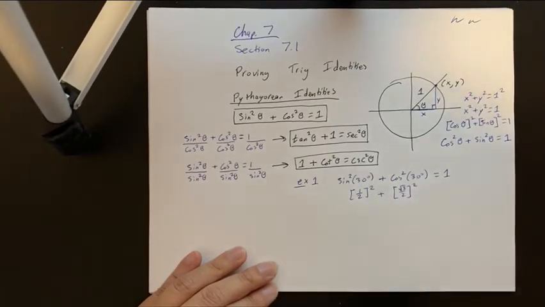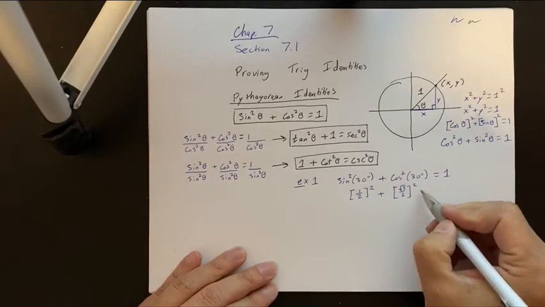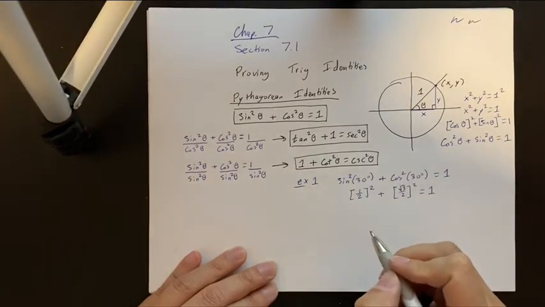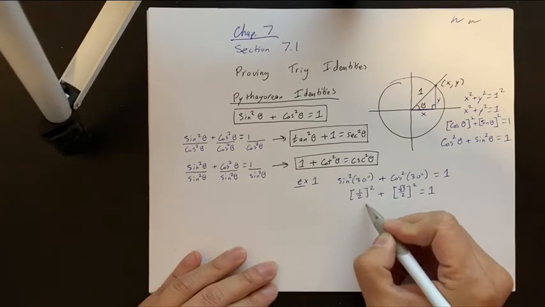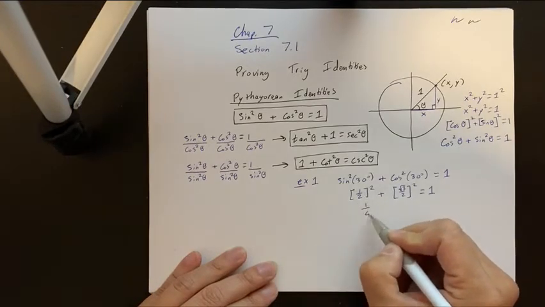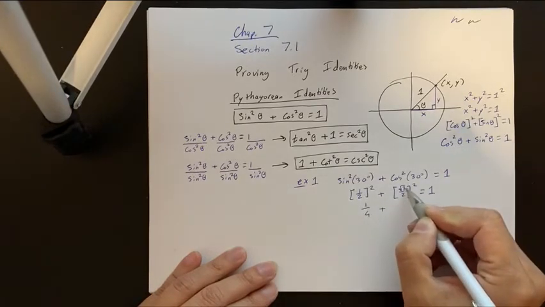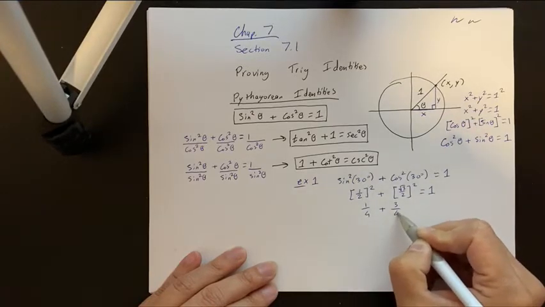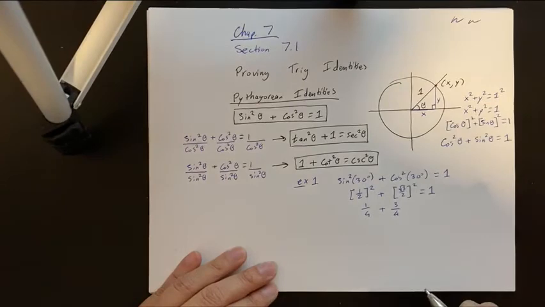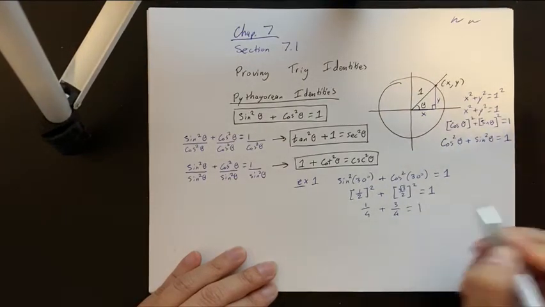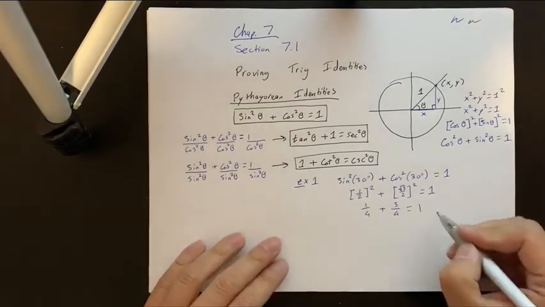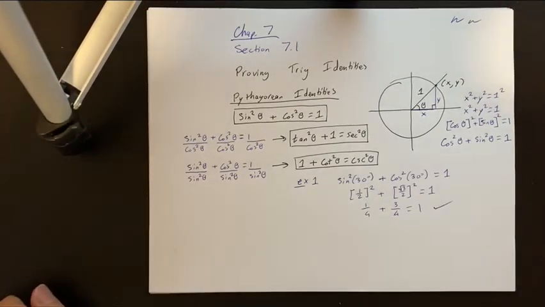I'm going to square that. And we'll see that this is equal to 1. So 1 squared is 1, 2 squared is 4. If I square the square root of 3, I get a 3. And down here is a 4, because that's a 2 squared. 1/4 plus 3/4 is 1. Check.